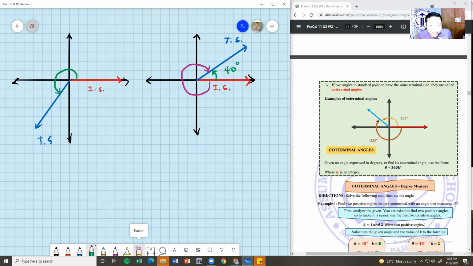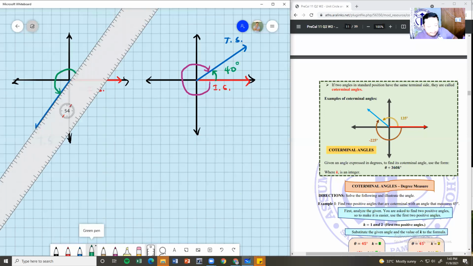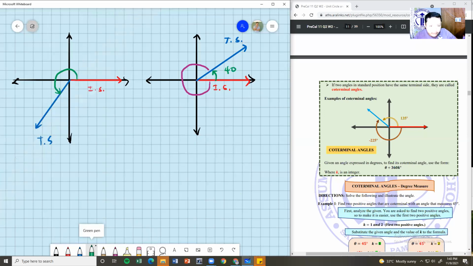What do you think is the measurement of the purple angle? They are still thinking. Okay, I'll give you a hint. By the way, if it is perpendicular, what is that angle?